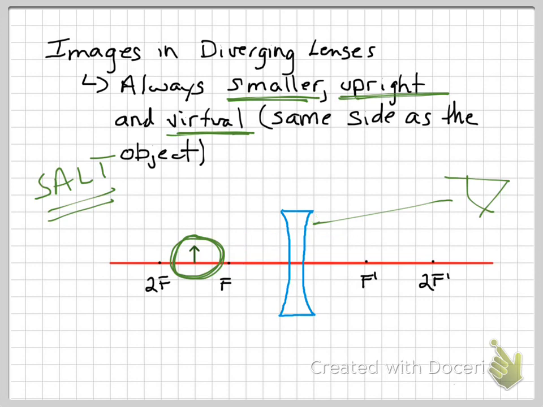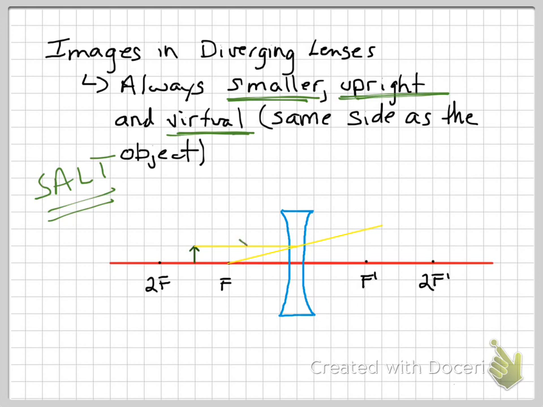So to locate that, I'll just take some of this away. Again, if I take my image, and again I'll use a yellow line here, we're going to draw one that is parallel, goes through the center. It's going to refract in such a way that the refracted ray, if extended backwards, would go back through the focus point or focal point on the object's side.